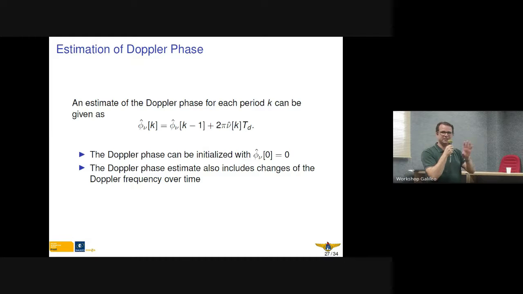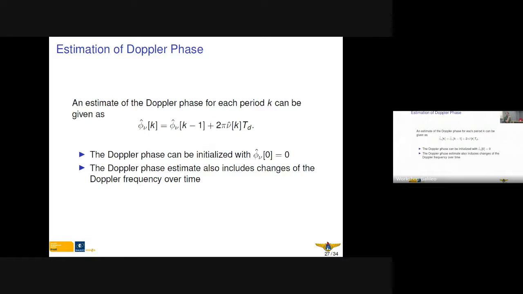So we have a phase dependent on time, but we can easily estimate it because in principle this phase is the integral over the Doppler frequency with respect to td, and we can put this here: nu hat k times td times 2 pi, plus the estimate of the Doppler phase from the previous interval is the Doppler phase of the next interval.